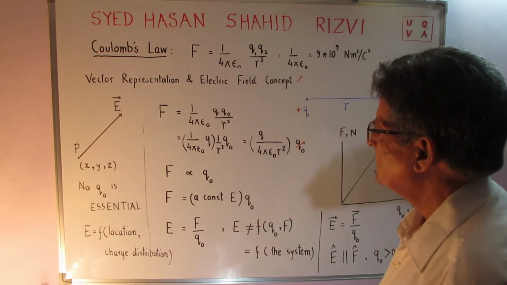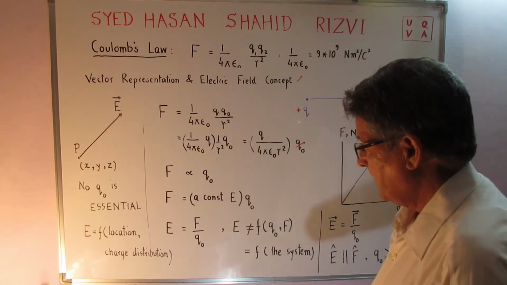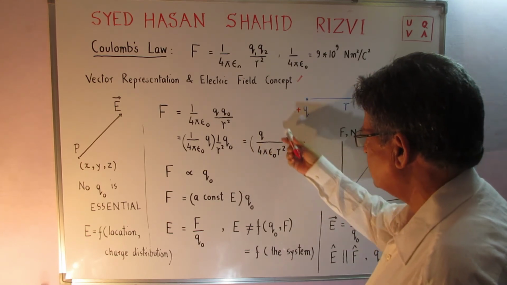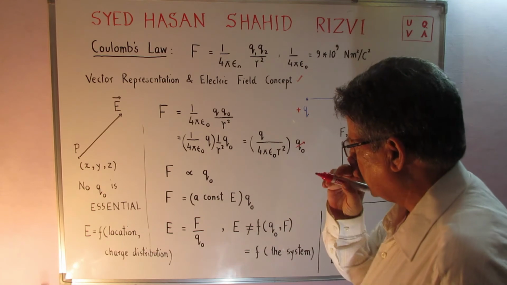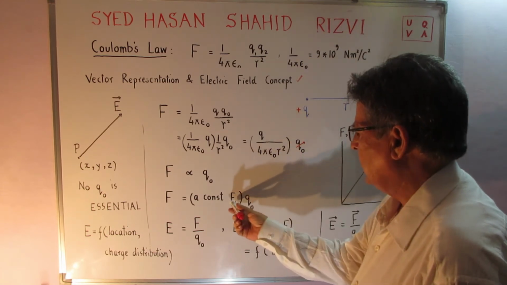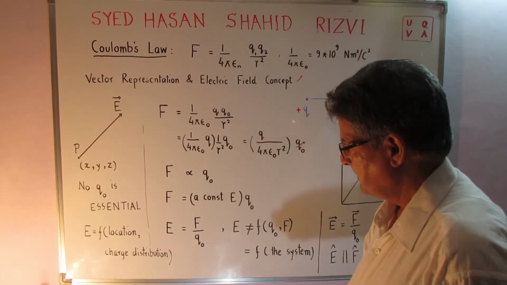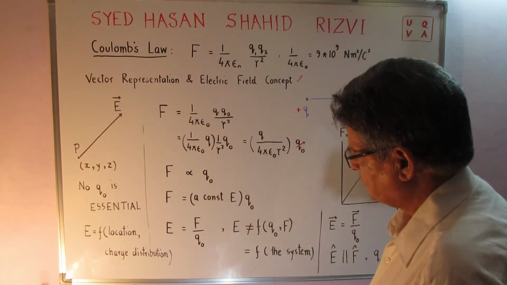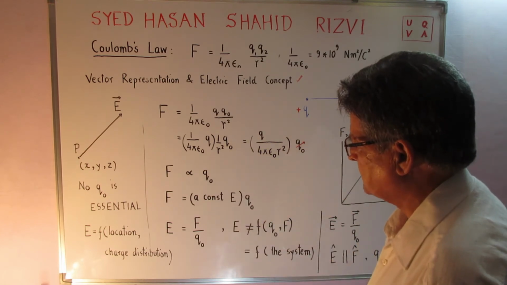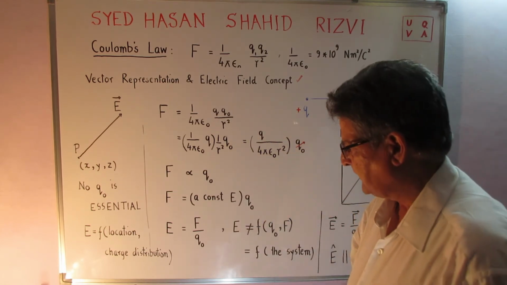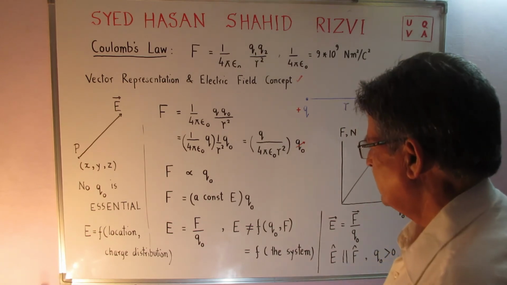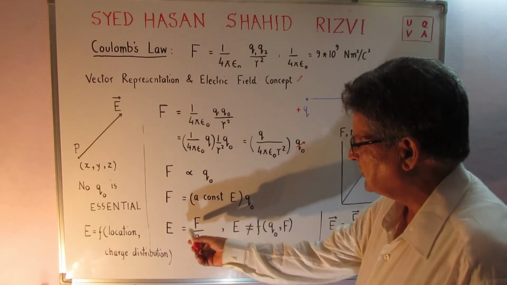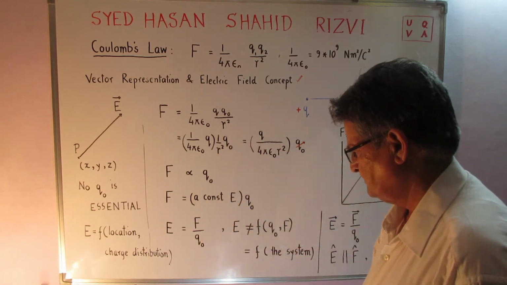A system is there, and if so, then I can write this whole thing as a constant, give it a name, E, a constant E multiplied by Q naught. So this becomes a system of proportionality, and I can write from here the value of this constant E is equal to F upon Q naught.